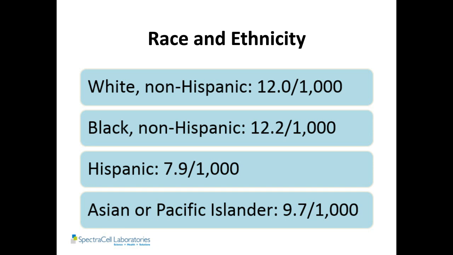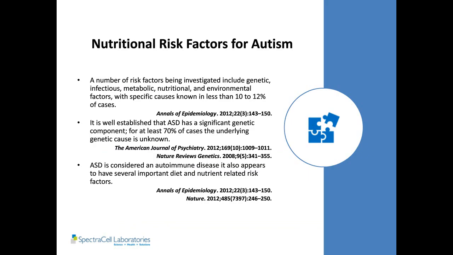As far as nutritional risk factors come into play, as I mentioned, genetics are involved. Of course, nutritional deficiencies, which we'll talk about, and imbalances, which definitely is a role that you have to be watching with certain nutrients. But also whether there's been some infectious disease process going on, whether there are environmental factors, are there toxins, are there pesticides and herbicides and things like that that may have been involved in dietary intake.